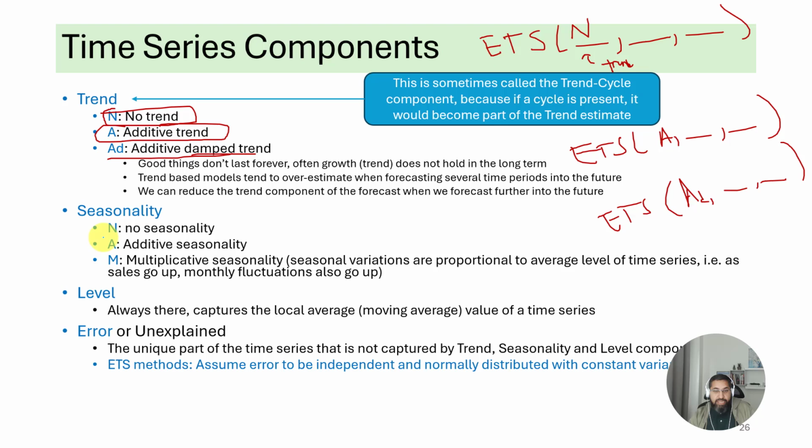Now, the second value is going to be about seasonality. Do you have seasonality? If you have no seasonality, you will say, well, I have no seasonality, N. If you have seasonality, you can do additive or multiplicative models. So you can do A or you can do M. Okay. And then the last one actually is for ETS. So for exponential smoothing, you just have these two.